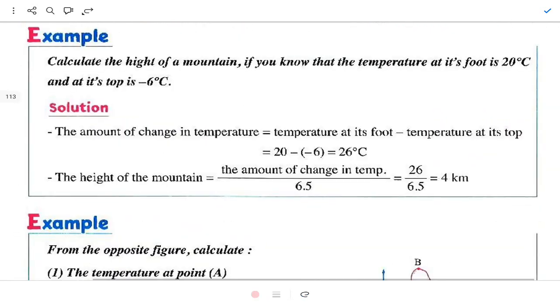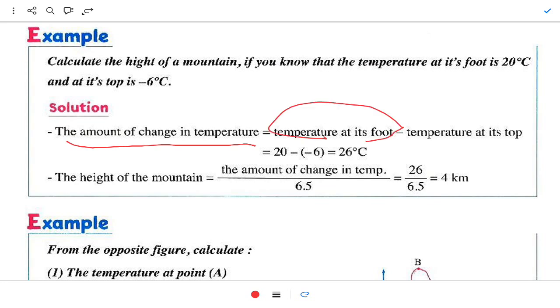Calculate the height of a mountain if you know that the temperature at its foot is 20 degrees and its top is minus 6. We want to calculate the amount of change. The amount of change is the temperature at the foot minus the temperature at the top.